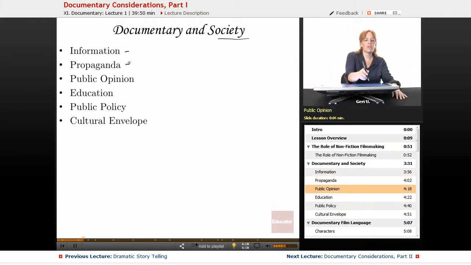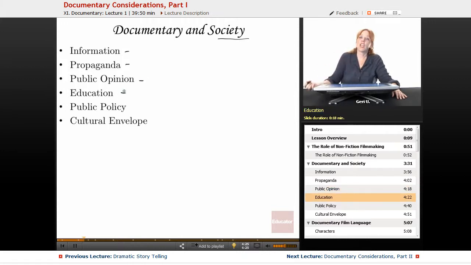It has been involved in forming and shaping public opinion. But it's also been important to education, to educating people. I can think of certain films, Super Size Me, that did a great job of getting people aware, as a documentary, of the fast food industry and how people were relating to it, to get people to think about it.